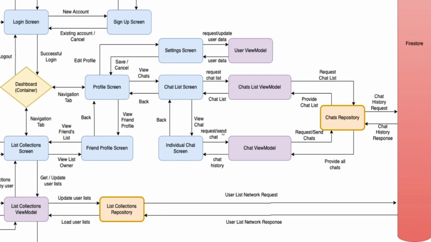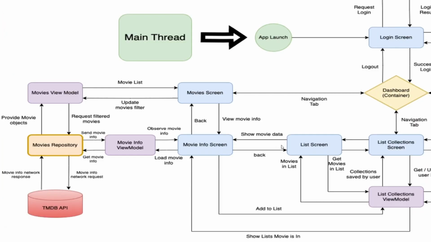Going to the right side first, which is the movie screen, which is in one of the dashboard tabs. This will have things like upcoming movies or popular movies and other things like that.